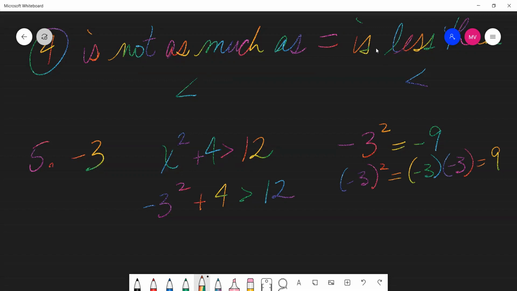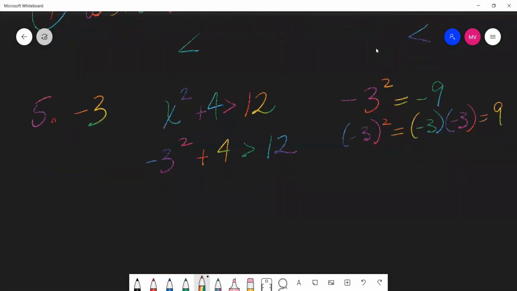Anytime you plug in a value for a variable, remember there's an understood parentheses. So we need to make sure it's in parentheses. That way, -3 times -3 is 9. So we plugged in a value. What's 9 plus 4? 13.